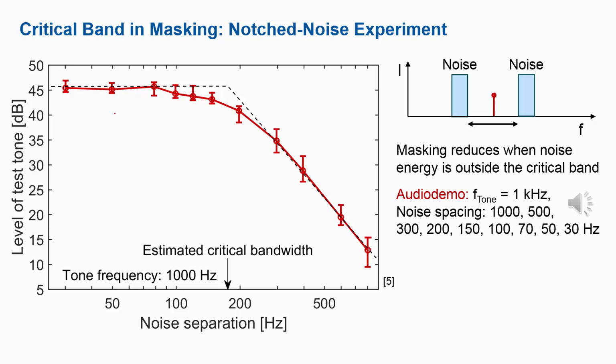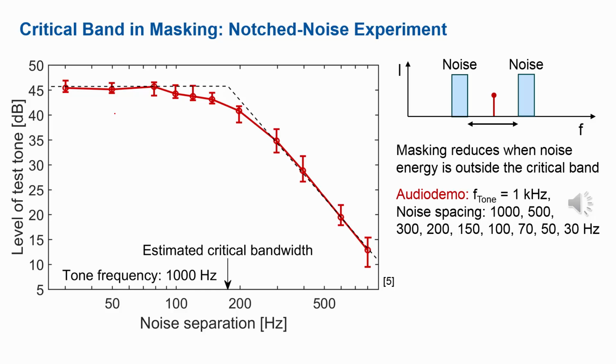For this notched noise experiment, I also brought you a demonstration. We now keep a tone of 1 kHz of a fixed level, and we have two noises of 200 Hz bandwidth, and we vary the noise spacing so that when the noise is very narrow, it will mask that tone.